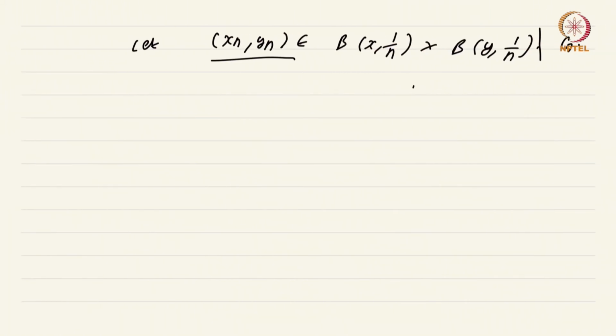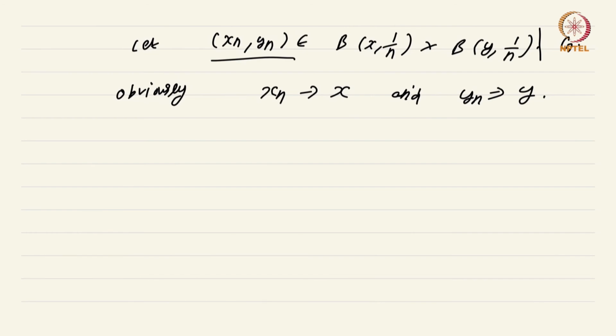Okay, so choose this sequence (x_n, y_n), which is there in the B_x(1/n) Cartesian product B_y(1/n) set minus G. Well, obviously x_n converges to x and y_n converges to y. That's exactly the way the sequence has been constructed.